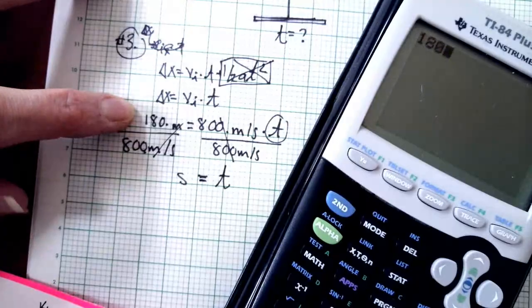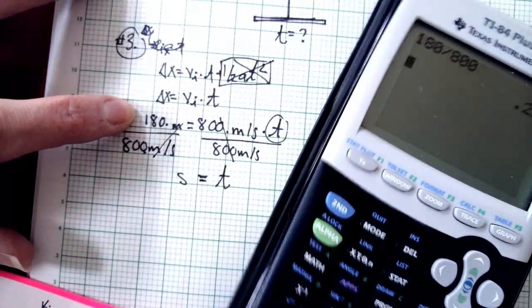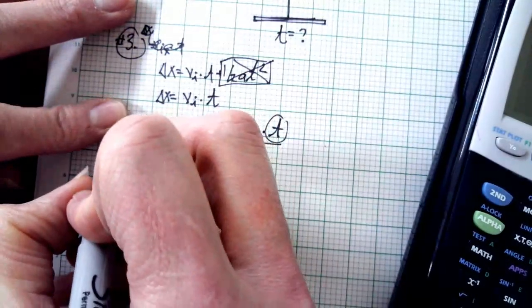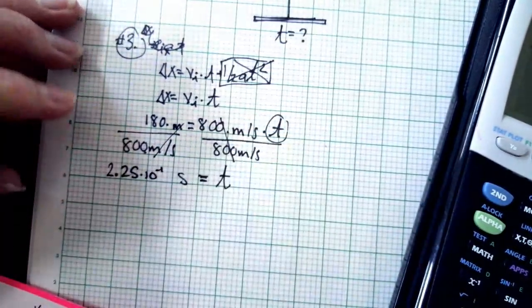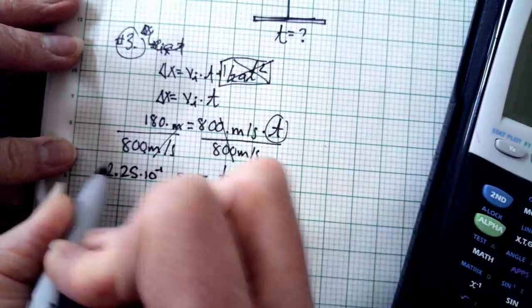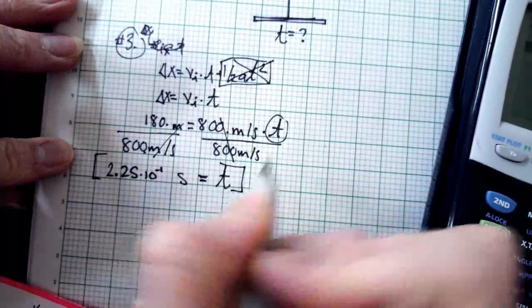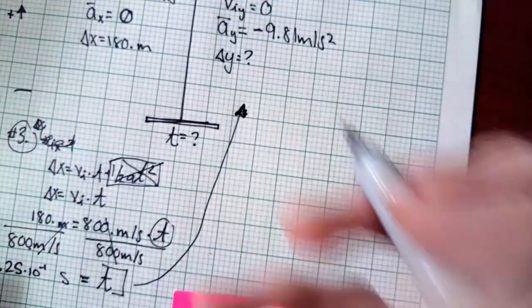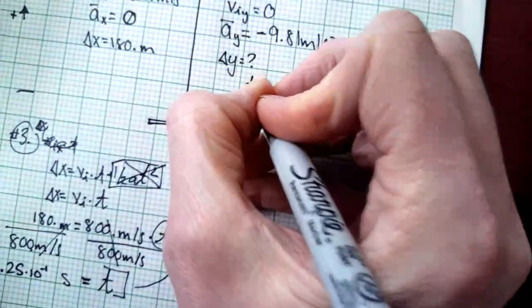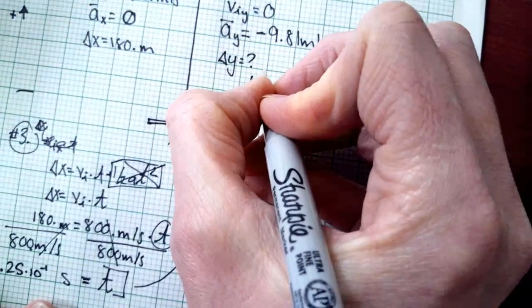Now 180 divided by 800 to 3 sig figs gives me 2.25 times 10 to the negative first seconds. Now that time I can use over on the y side and find my delta y, because now that I know how long it was in the air, I can figure out how far it dropped.